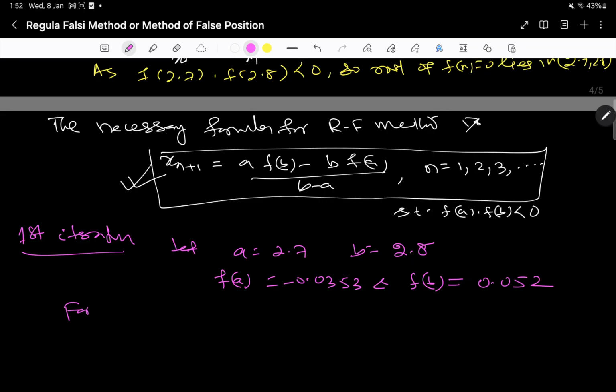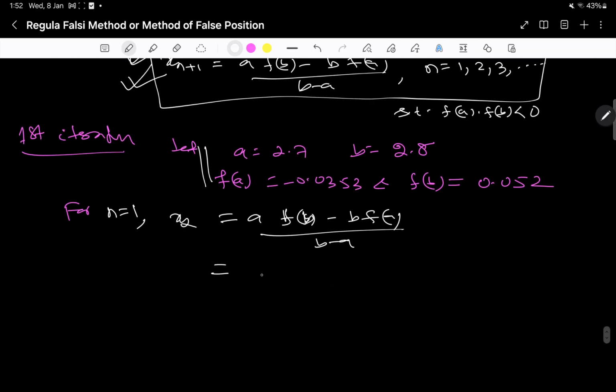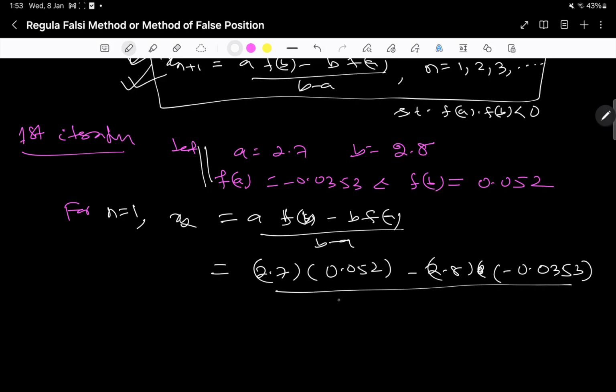For n equal to 1, x2 is (a f(b) minus b f(a)) by (b minus a). Substituting, it gives 2.7 into 0.052 minus 2.8 into minus 0.0353, divided by b minus a, here 2.8 minus 2.7.